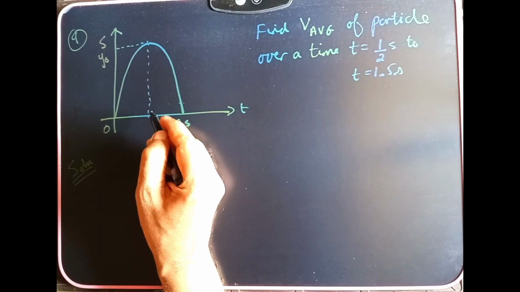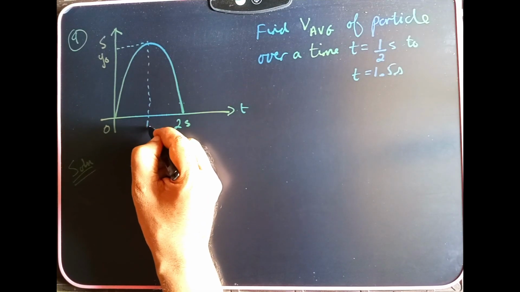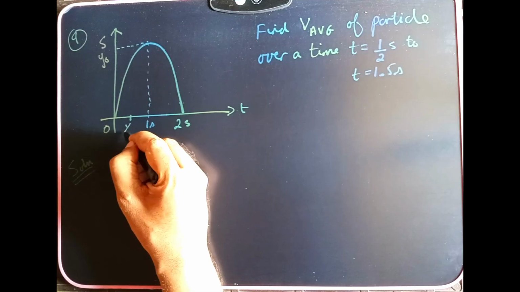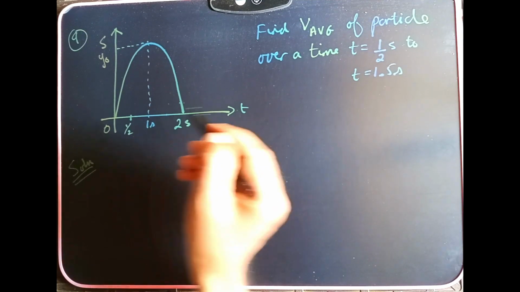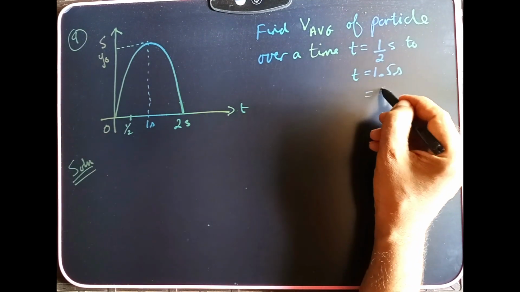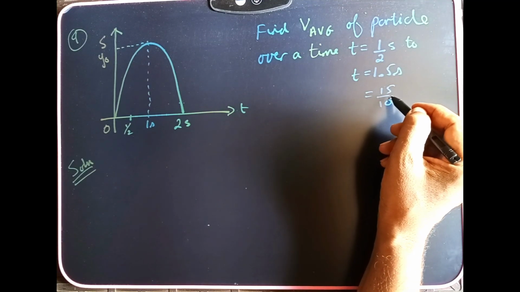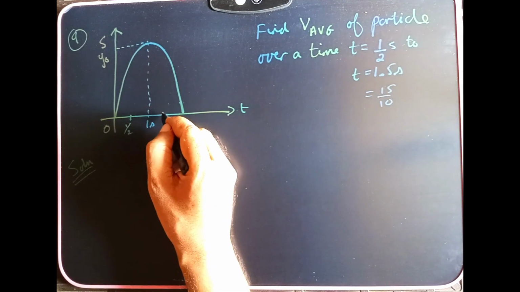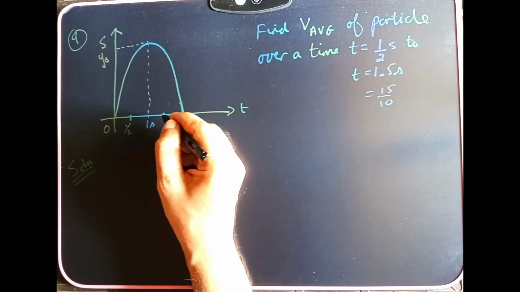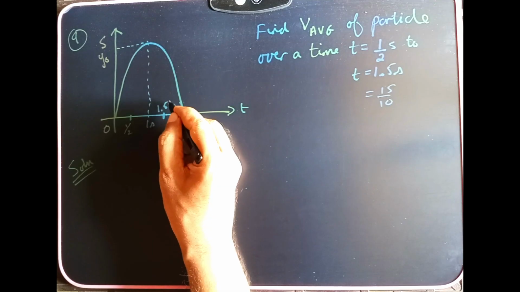This is given as 2 seconds, which means if I have the symmetry, I'll say that this is 1 second, and exactly here will be half a second, right? And 1.5 means 15 by 10. It will be somewhere here, right? 1.5 seconds.